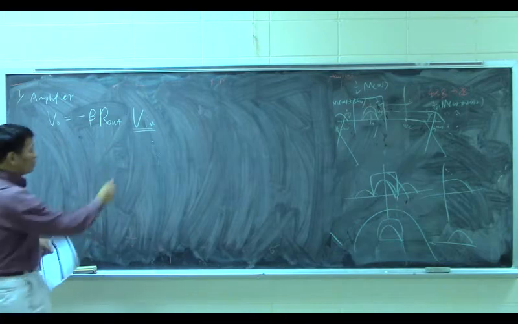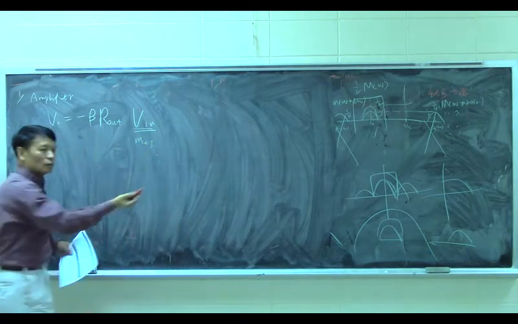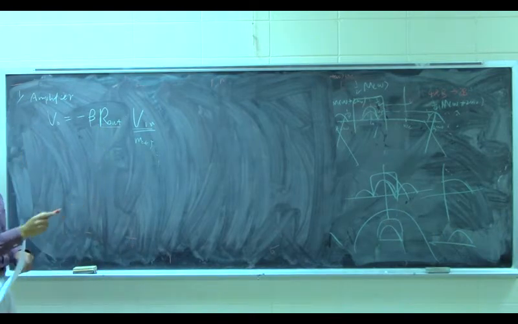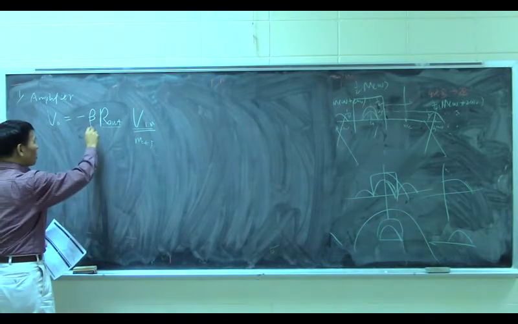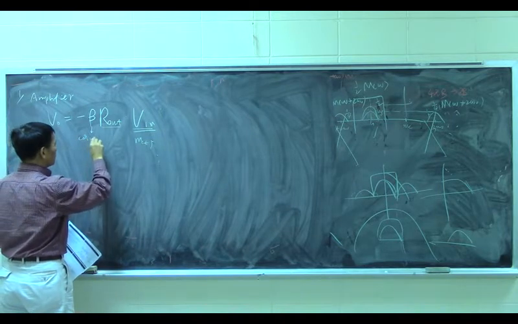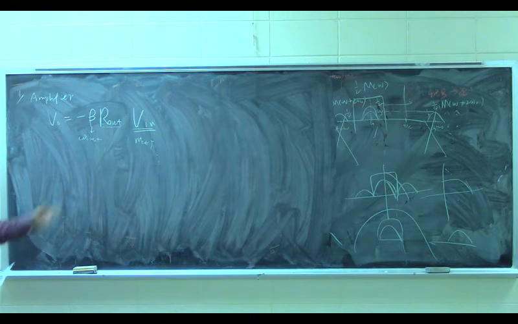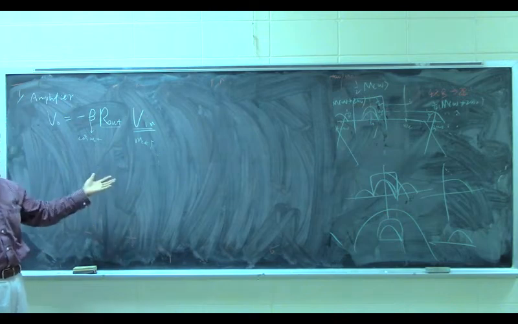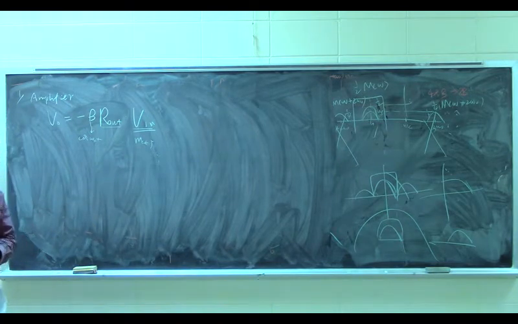We can use your MT here, and this R is a constant. And we can control this beta. For example, if you control this beta with the omega CT, then it's an amplifier that multiplies, right? V equals this times this. So that's the first method.